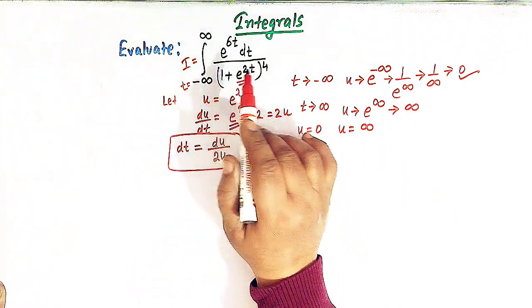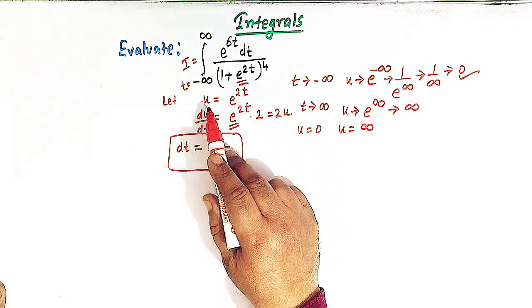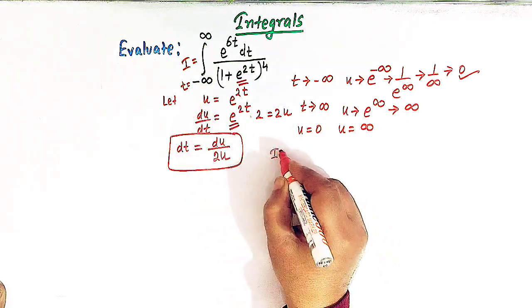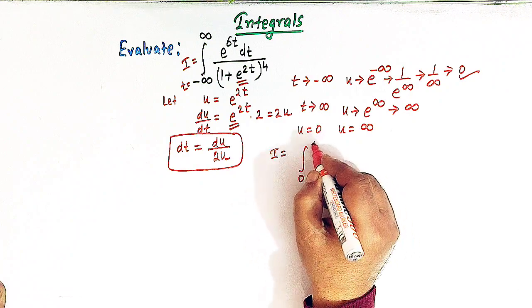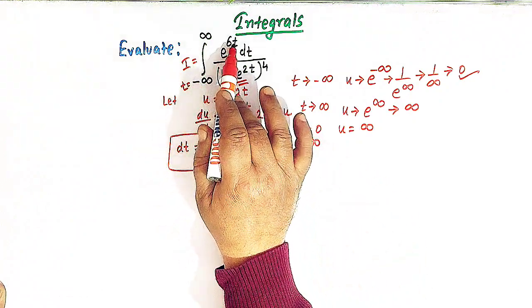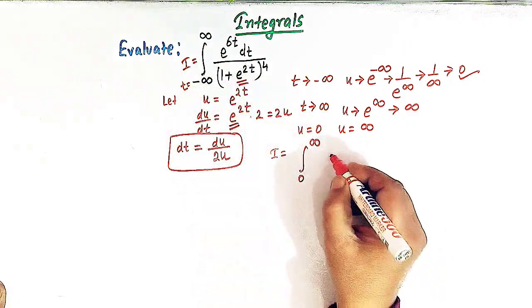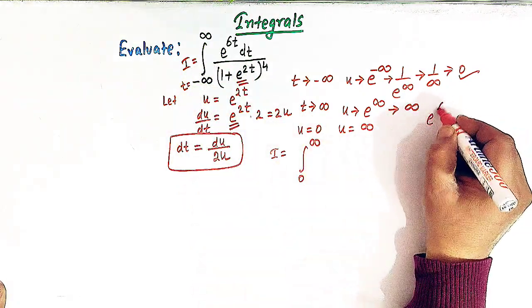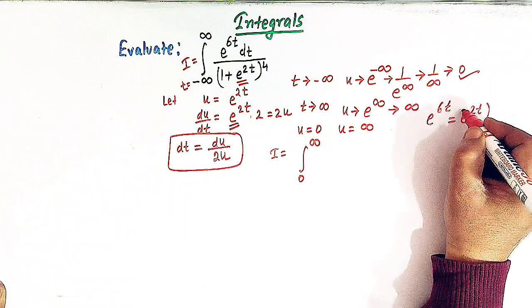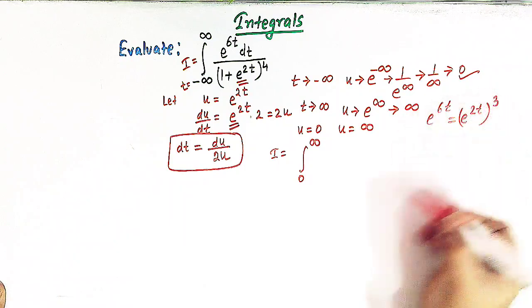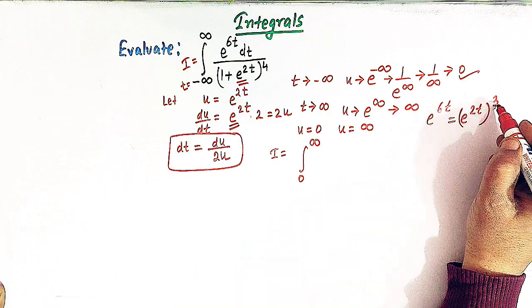Now let us write this integral in terms of u. I is now equal to the integral from 0 to infinity, e raised to 6t can be written as e raised to 2t, the whole raised to the power 3, by rules of exponents.